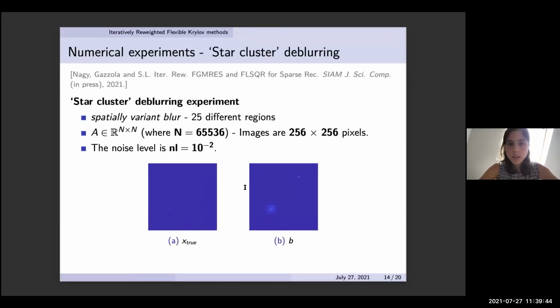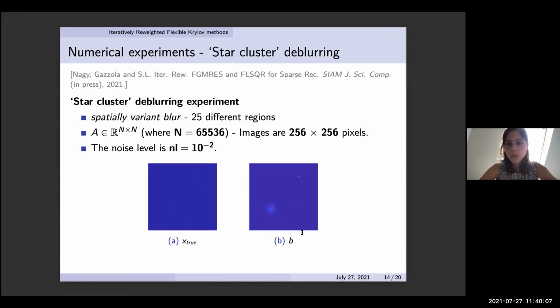I think I'm running out of time, so I'll just show you a couple of examples that are unrelated to the TV stuff, going back to just using one norm in this case. So trying to find sparse solutions. As you can see, this solution is very sparse. There's a bunch of zeros and some little ones that you can barely see, little stars.